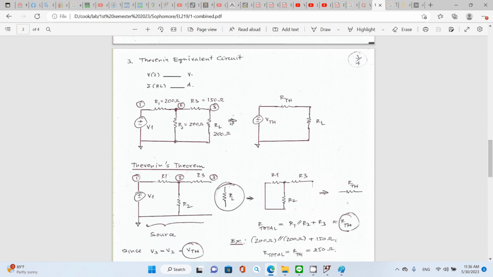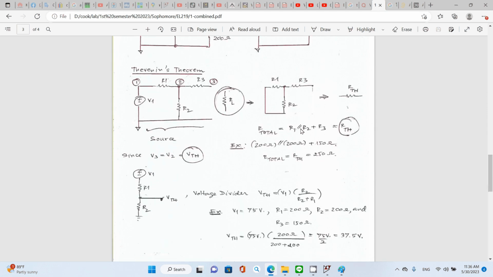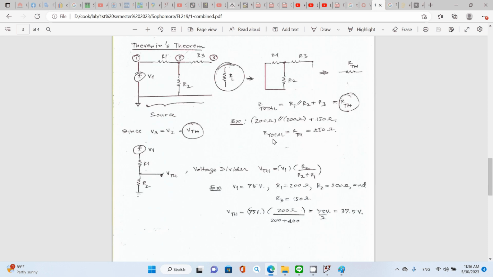If you do the equivalent circuit, you need to make sure that you do it right by verifying that the current flowing through RL from the first circuit equals the current flowing through RL in the second circuit. Okay, and if you do the circuit on LTspice later.